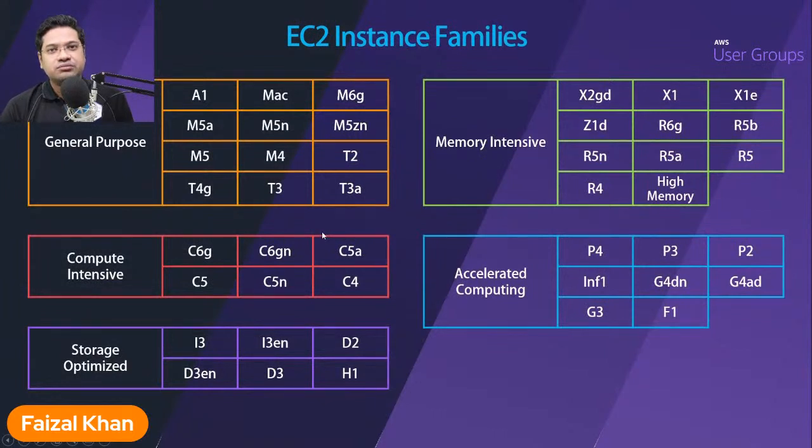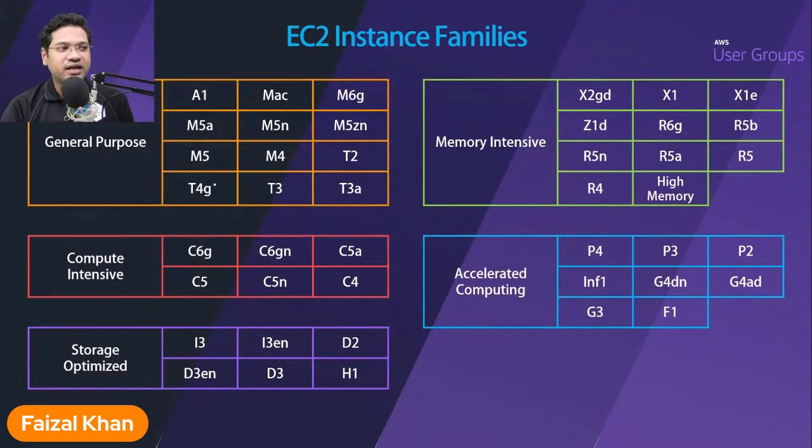Okay, the different types of instance families. Like I said, there are over 400 different types of instances, so you have a lot to choose from. But the idea here is that you have different instances that are good at one thing and maybe not really good at another. For example, compute intensive instances have the best CPUs, right?